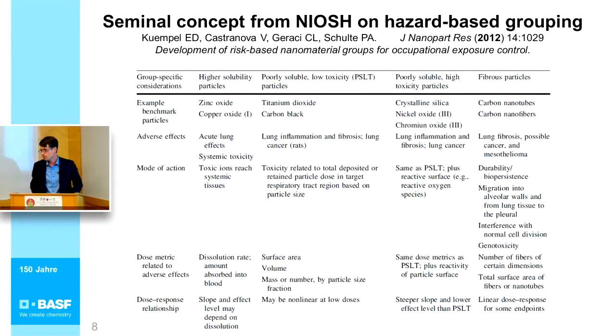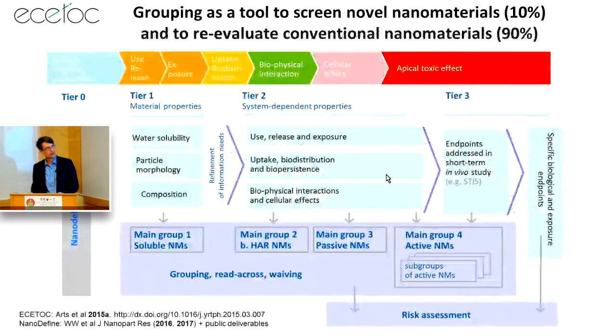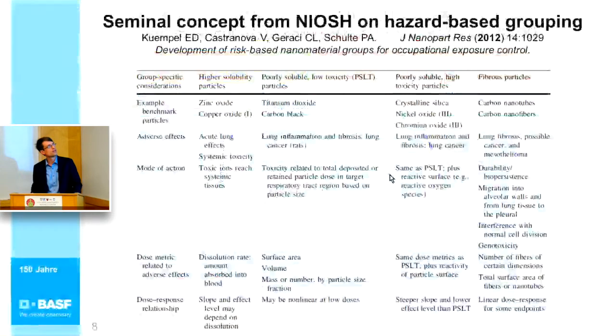And they put up a scheme based on a mode of action. So they differentiate high solubility particles against poor soluble low tox, against poor soluble high tox, against fibrous particles.